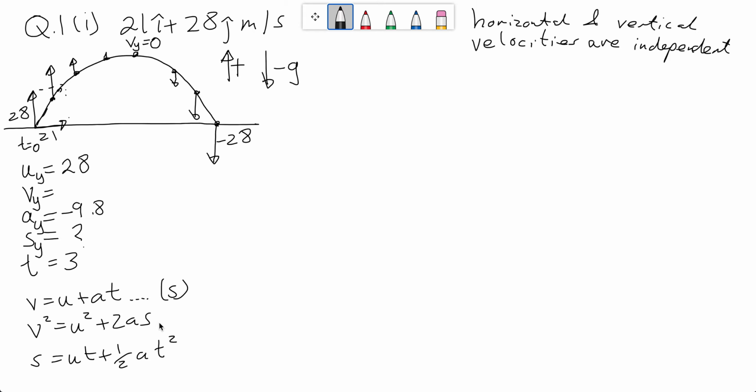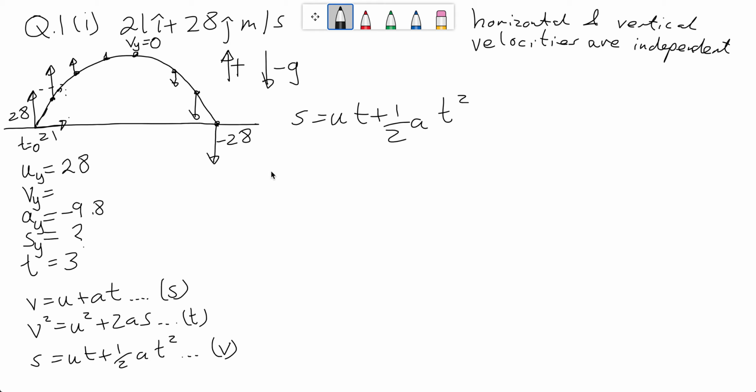This one here has no t in it, and this one has no v in it. In these 4 quantities that we're looking for, we don't care about v, so that's why I'm going to use this equation. So first you list the quantities you have, then choose the equation. So we're going to use s equals ut plus a half at squared.